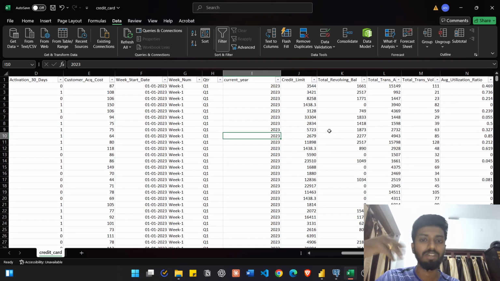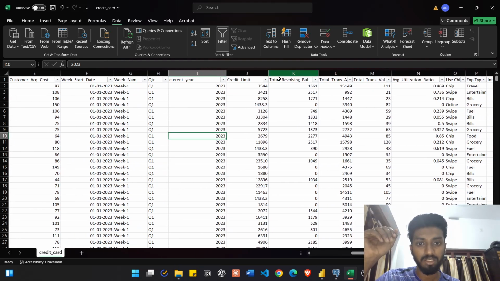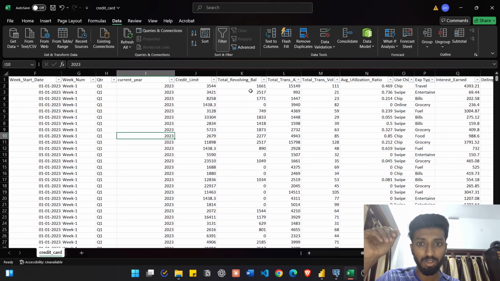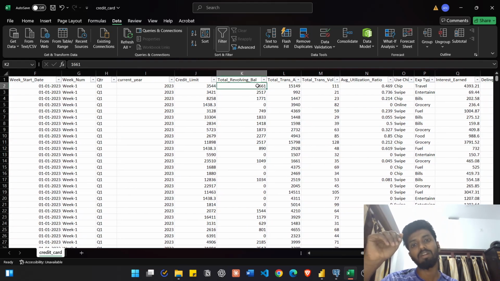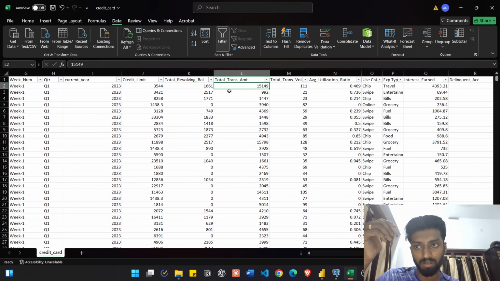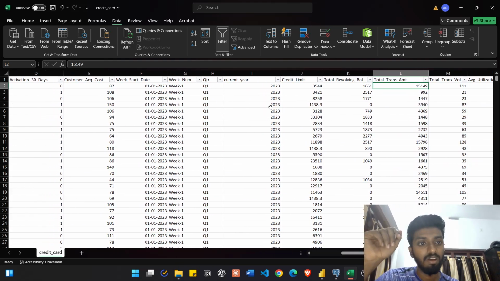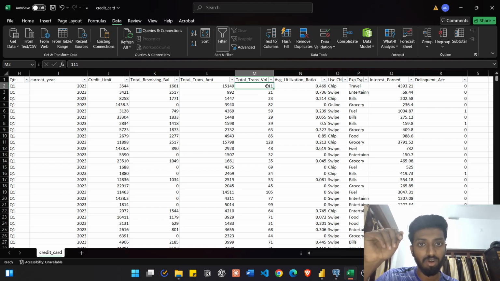There has to be some data cleaning and pre-processing done. Then we have the credit limit, and total revolving balance, which is the money you owe to the credit card company. Then total transaction amount on that particular transaction and day, and the total transaction volume and the average utilization ratio.